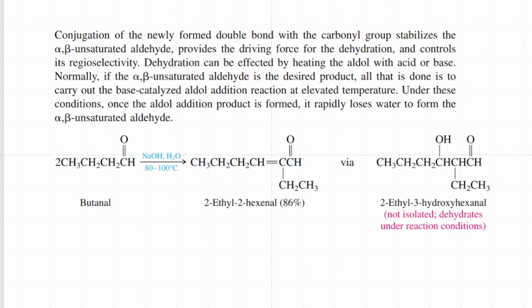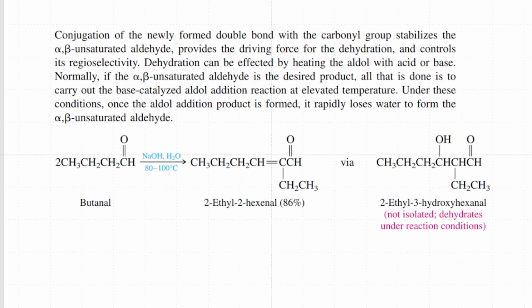It's about 86%. So if you want to make the actual aldol product, it's a little difficult, because the stability that is achieved by conversion of the alcohol to the olefin is fairly good, and it's in a positive direction.